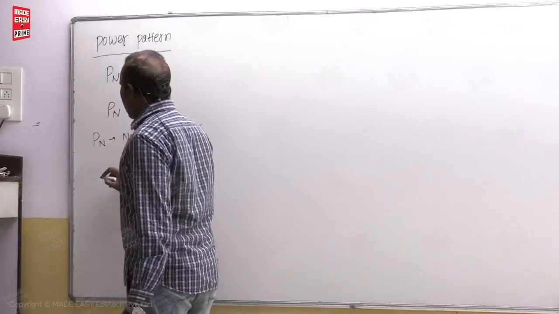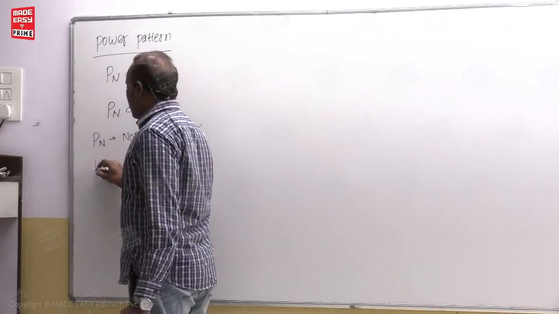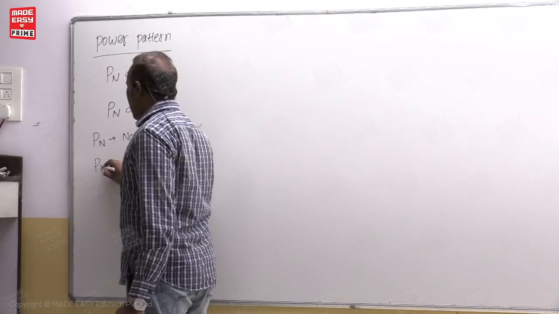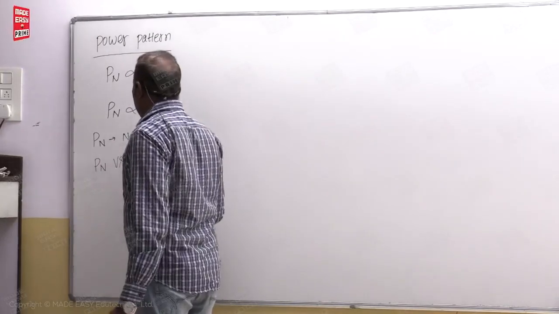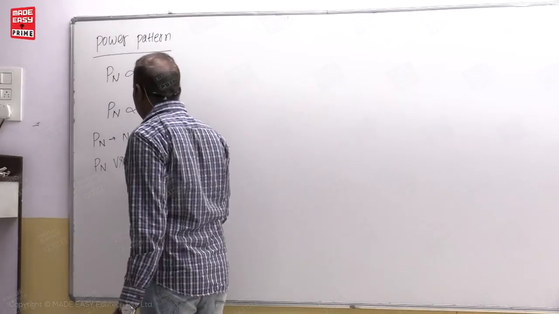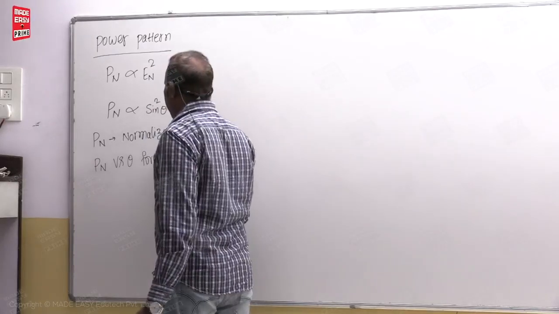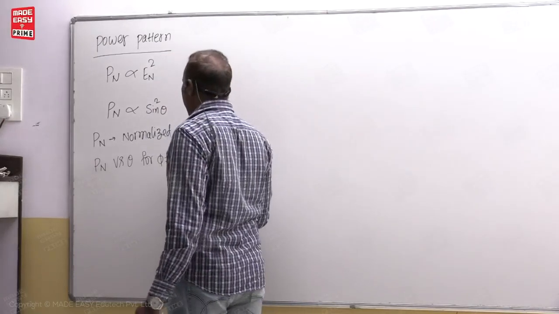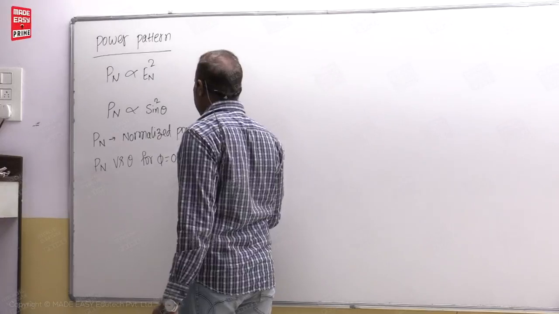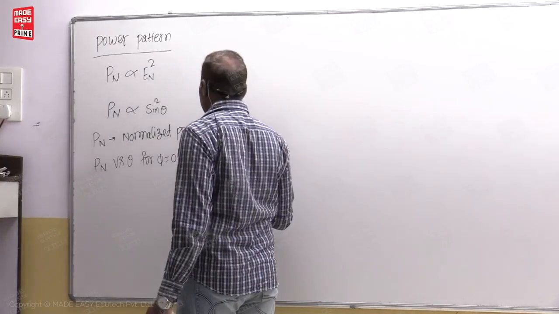Once again, first one is Pn, normalized power versus theta plot for phi equal to 0. Phi 0 means once again the xz plane.